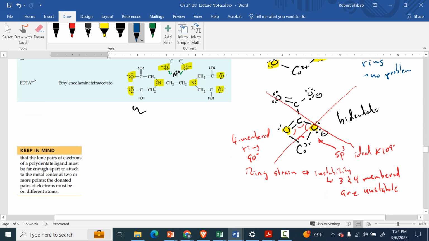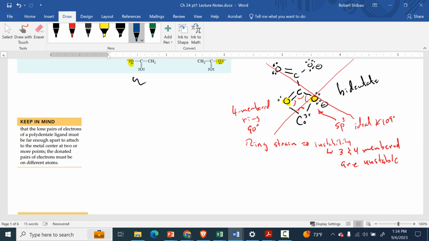So what if I had something like propylene diamine? So let's try that and see. Propylene diamine. Do you know prop, how many carbons that is? Do you guys know the prefixes?